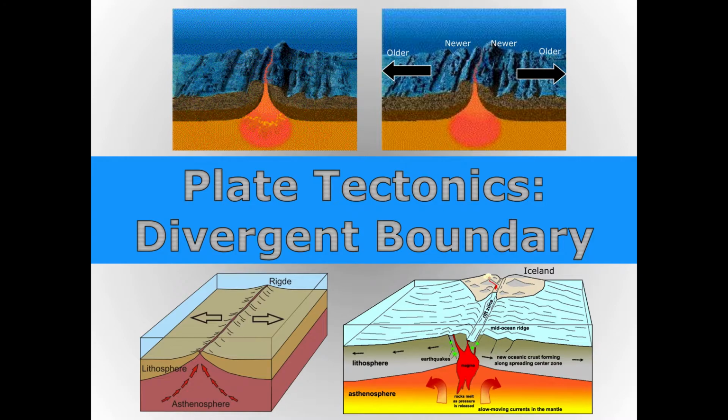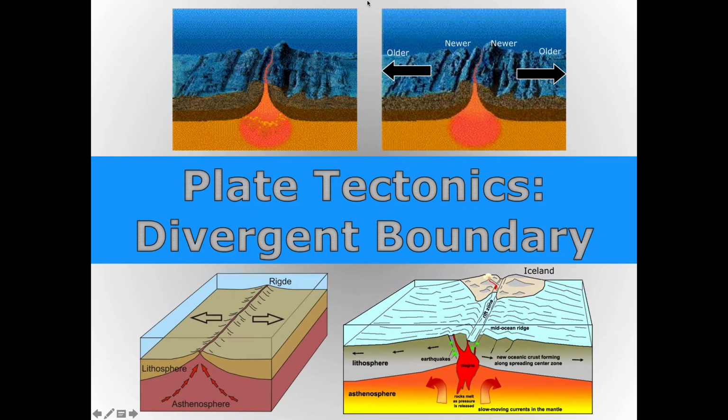So today we're going to talk about some of the things that are created when you have a divergent boundary, these geological features. Essentially, a lot of the Earth is made up of mostly water. So this boundary, for example, is mostly underwater. And these two plates will slide apart.